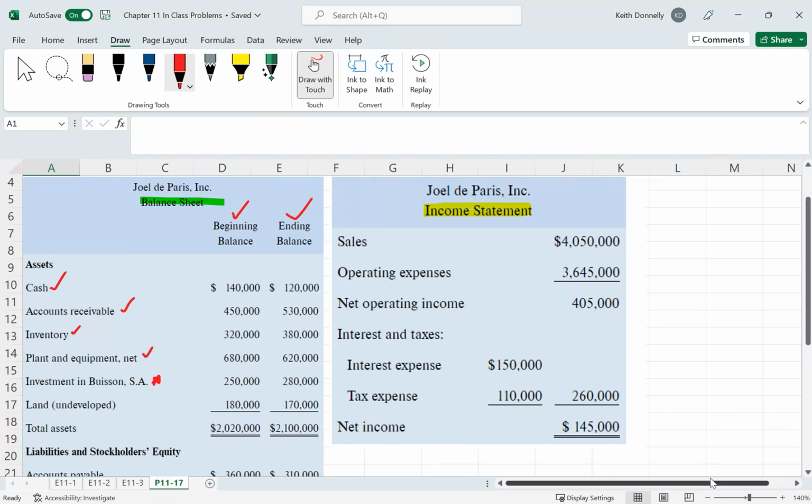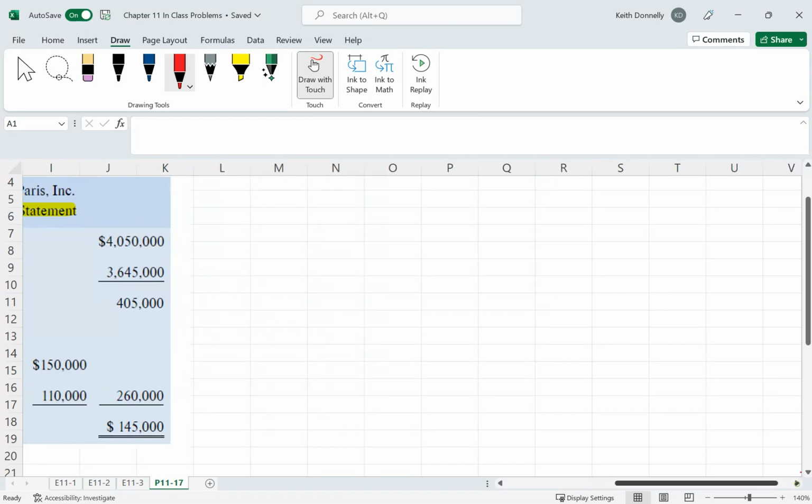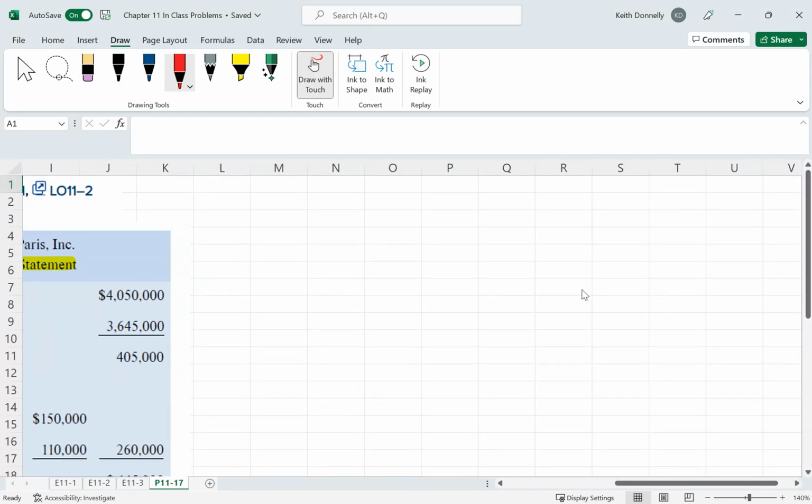So with these, let's build this out over here. We're trying to find our average operating assets. And basically what we use in operations, we have identified. The other items on there, things like investments in other companies and undeveloped land, are not really operating assets, okay? So we have our cash.